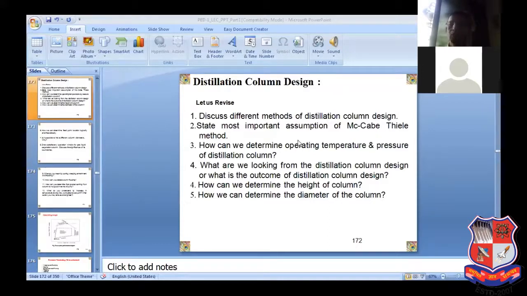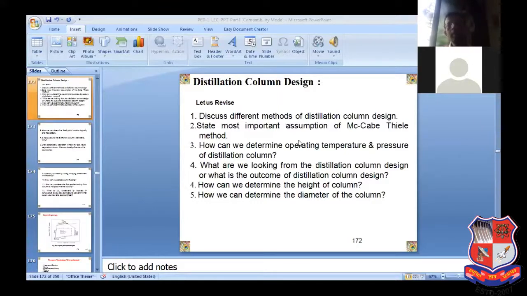Definitely, at both the top and bottom of the column we get pure products: at the top the low boiling component A, and at the bottom B, the high boiling component. Ultimately, at the top and bottom the temperatures become the boiling points of the respective components in their pure state.